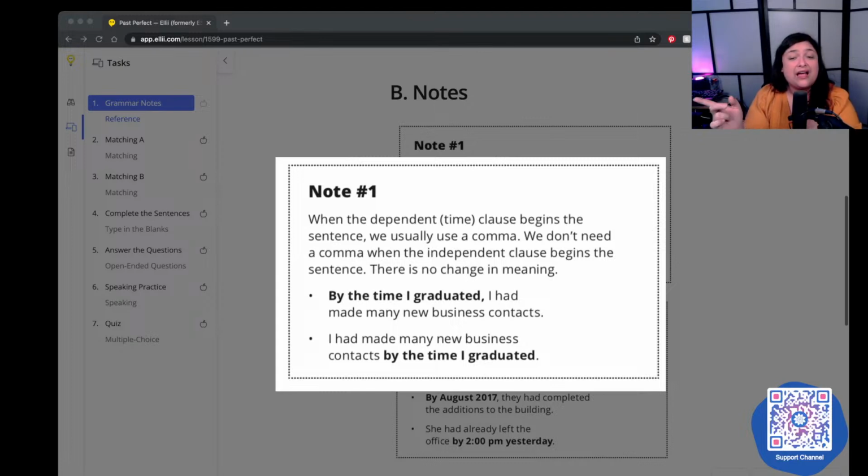So I'm also writing this down in the live chat for you guys. Then I'm going to add a comma. And then we have the past action that will be conjugated in the past perfect. I had made new business contacts.